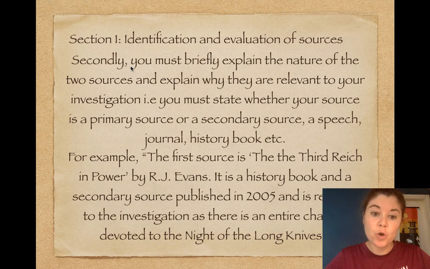It is a history book and a secondary source published in 2005 and is relevant to the investigation as there is an entire chapter devoted to the Night of the Long Knives. Again, you can see I haven't written too much, but I've introduced the nature of the source. I've said it's a history book, a secondary source. I've also included the date of publication, and I have explained briefly its relevance to the investigation.